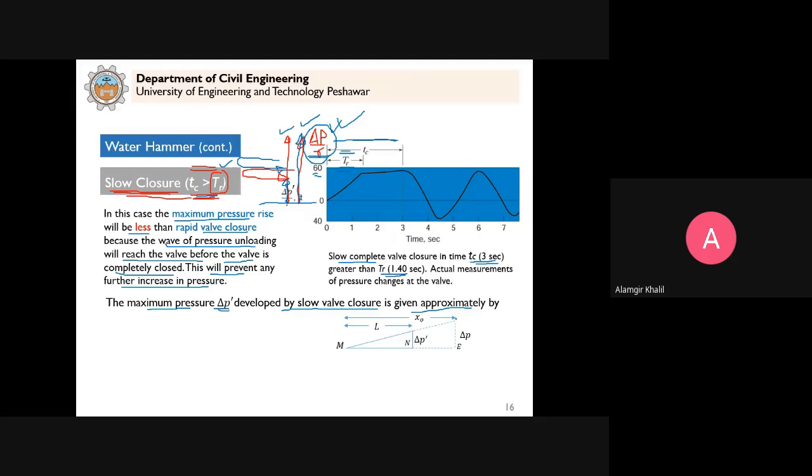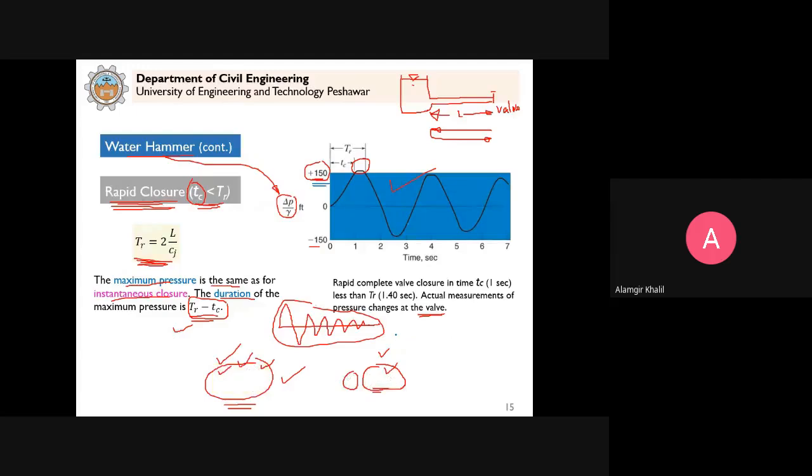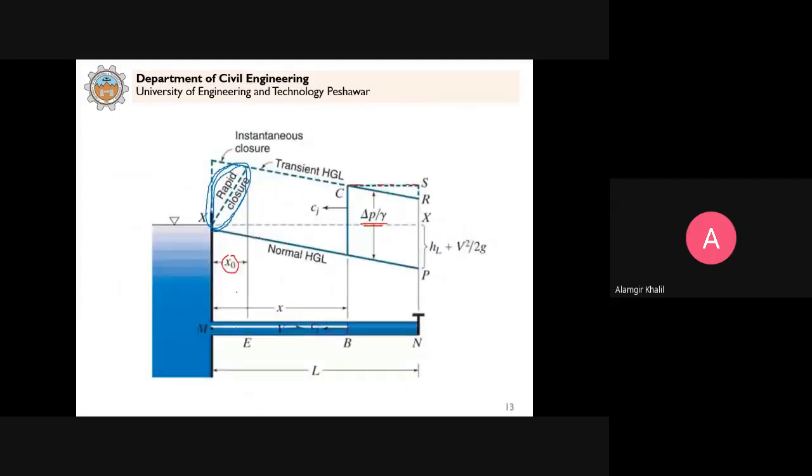In this case, x naught is greater than L, because we still close the valve and the return trip is less. So we can assume x naught is greater than L, the entire length of the pipe. So in x naught, what is the pressure? This is the pressure that we draw for x naught.